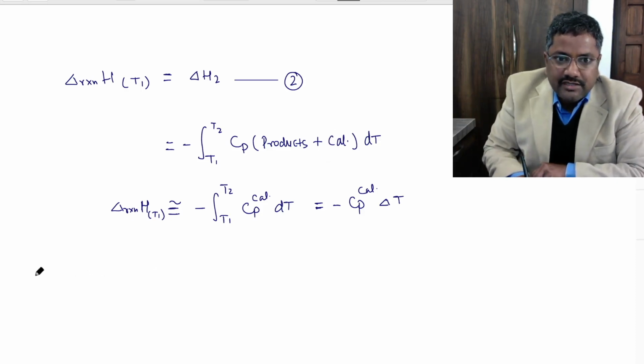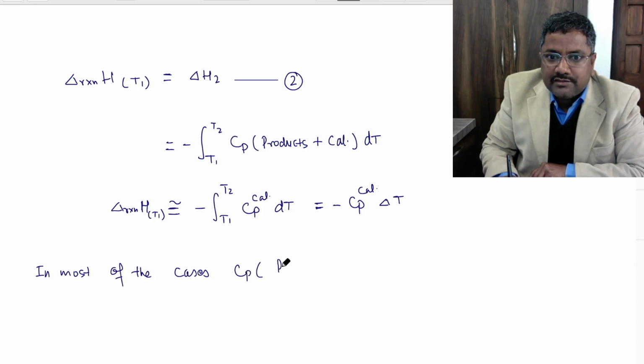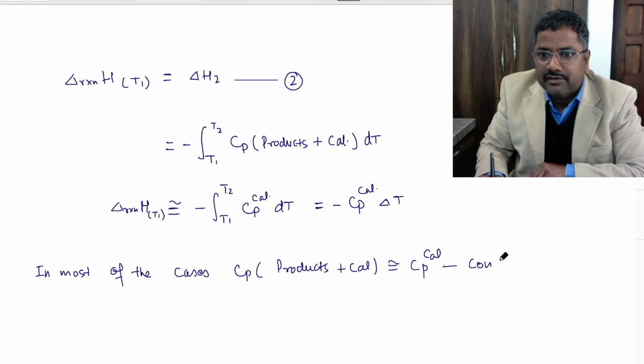So in most of the cases Cp of products plus calorimeter is equal to the Cp of calorimeter, and it is constant for the given calorimeter, right?